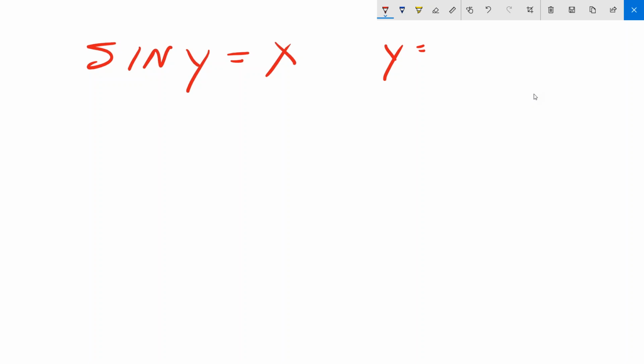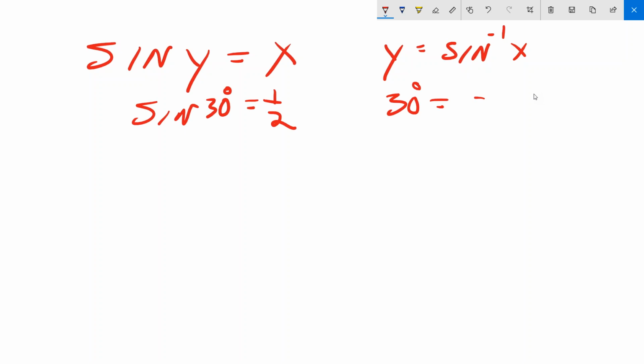Oh, the inverse sine. By definition. In other words, if I said to you the sine of 30 degrees equals 1/2, then 30 degrees equals the inverse sine of 1/2. That's right. Okay? So that's the way you handle these.